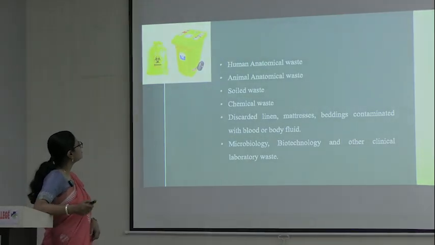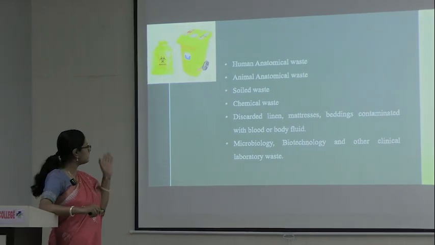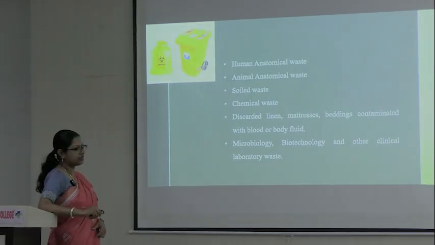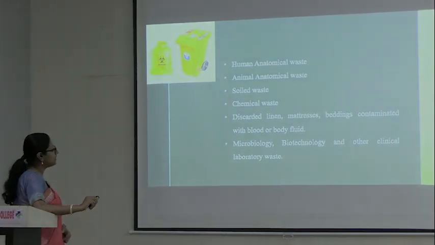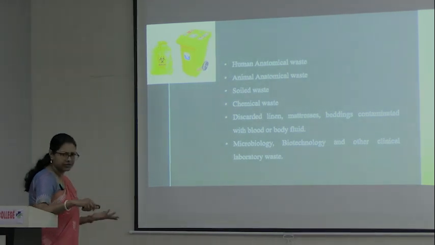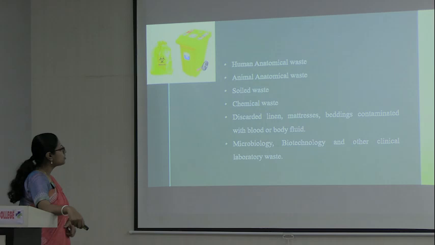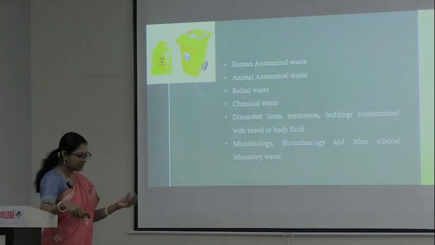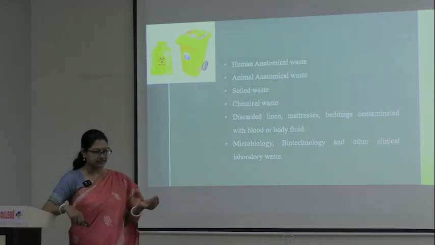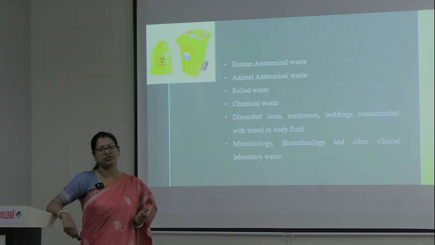So what all waste should we keep in these yellow bins, or let's say yellow bags? Human anatomical waste, like any organ after operation, and animal anatomical waste. Soiled waste, meaning any bed sheets or linens soaked with the blood, urine or any body fluids of the patient.